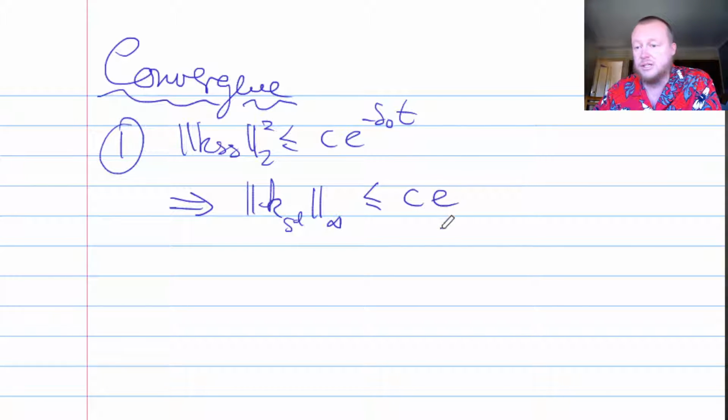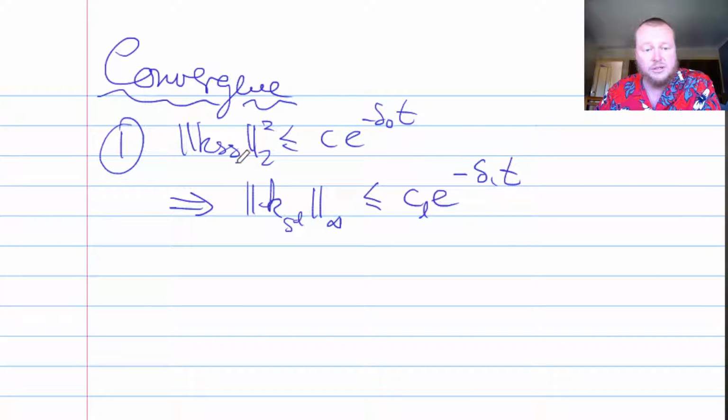So this is going to be C e to the minus some other constant delta 1, but it doesn't depend on L actually. So this delta 1 does not depend on L, but the C down here does depend on L. It's not important.